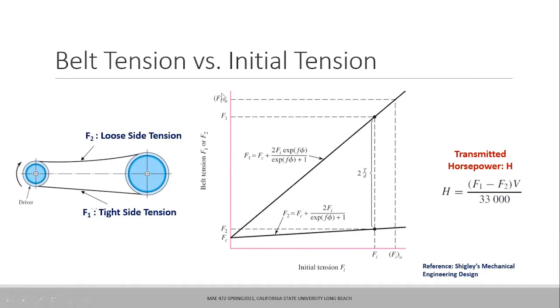There is a maximum limit, because you cannot keep increasing the initial tension; there is a maximum limit for the belt tension from the materials catalog or manufacturer specification, and this is the maximum you can reach. That is what this belt tension versus initial tension graph shows.